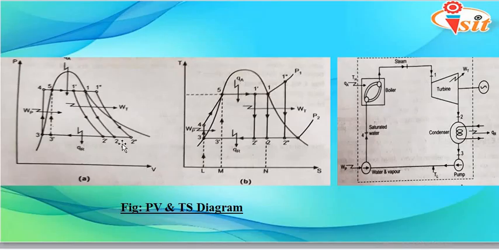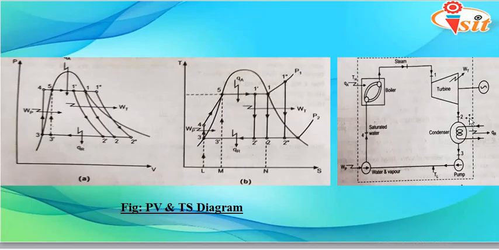This drop in pressure is converted into mechanical energy, which is further fed to the generator for producing electricity. Again, in the TS diagram, the process 1 to 2 line is exactly perpendicular to the x-axis, which indicates that this process is isentropic.